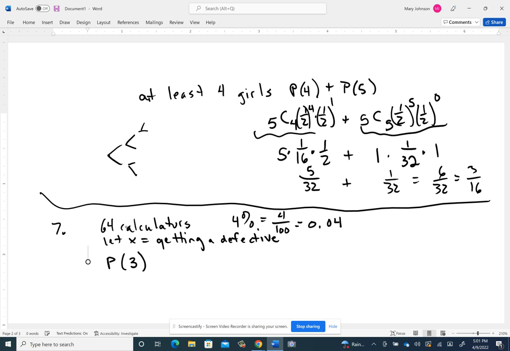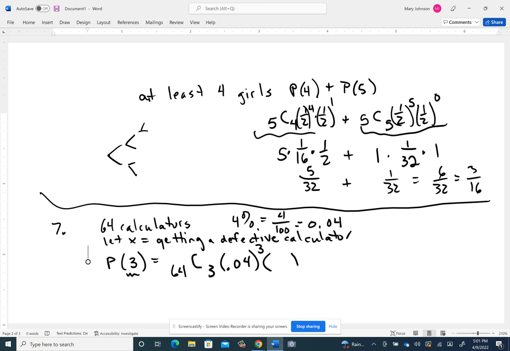Define a success as being getting a defective calculator. And then what I'm being asked is what's the probability of having exactly 3 of those? So there's 64 in a batch. I want 3 of them to be defective. The probability of getting a defective calculator is 0.04, and I'm trying to get 3 of them to happen.